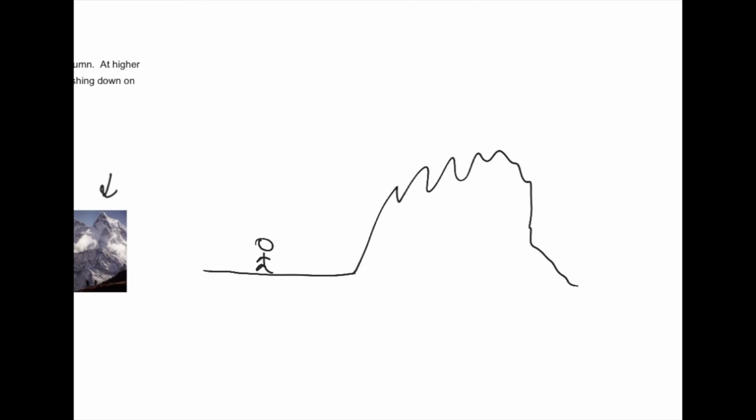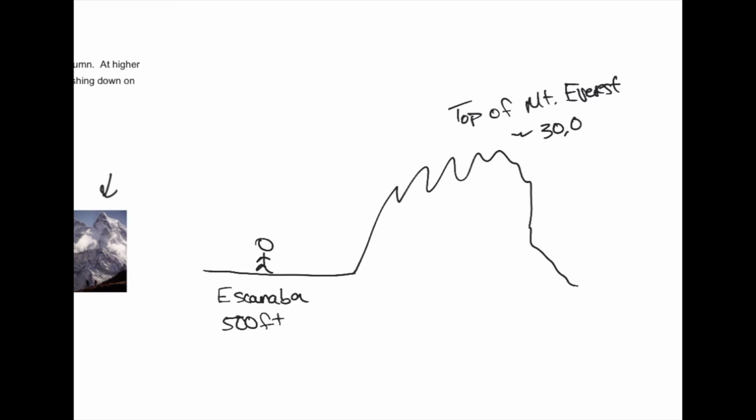Let's say that this is me, and please don't judge my drawing capabilities, and I am in Escanaba, which is about 500 feet in elevation. And this is the top of Mount Everest, and off the top of my head, it's somewhere around 30,000 feet in elevation. There are all of these air particles, and they're moving.